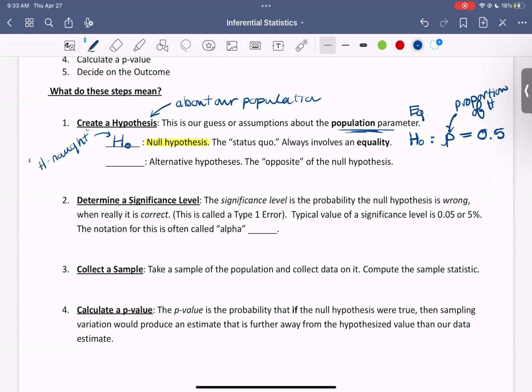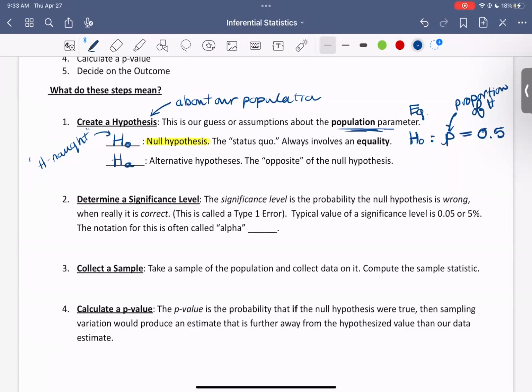Then the alternative hypothesis is often called H sub A, H sub little a. This is the opposite of the null hypothesis. In our coin example, H sub A would be P is not 0.5. Or we might get more specific, say we think that the coin is favoring heads. So we might say that we think the proportion is greater than 0.5. Based on the structure of our alternative hypothesis, we are going to use a slightly different formula in some of the calculations below.